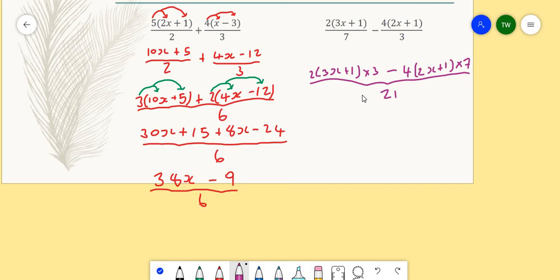So now, here, remember that this bracket implies multiplication. So we can multiply 2 times 3 first, and then take that result to distribute it to each term. So 2 times 3, that's going to give us 6. So what we're going to have here is 6 times whatever is inside of the bracket, which is 3x plus 1.